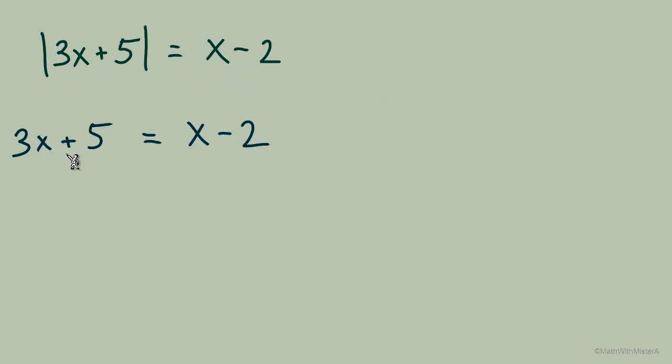So our first equation, 3x plus 5 with no absolute value, equals x minus 2, exactly what we see. The other equation, 3x plus 5 equals negative. And it's important that when we have 2 or more terms, we're careful about how this negative is used. It will need to be applied to each term that we have. So I'm putting it in parentheses, and I'll make that next adjustment right away.